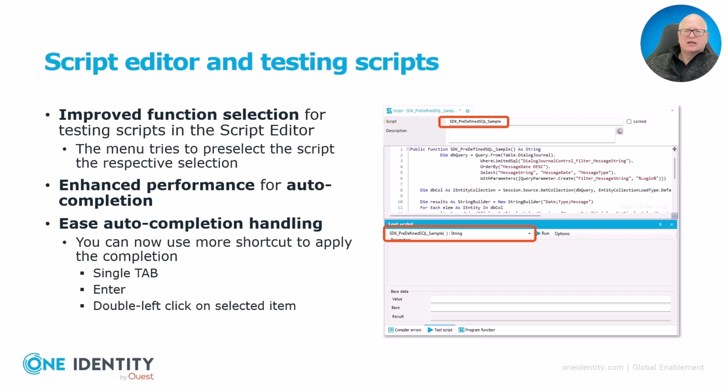Additionally, the performance of autocompletion was increased. That is now working much faster. And if we look at the autocompletion handling, there are now more options. Additionally to the single tab, there are the enter key and the double click in the selection box to get code inserted.